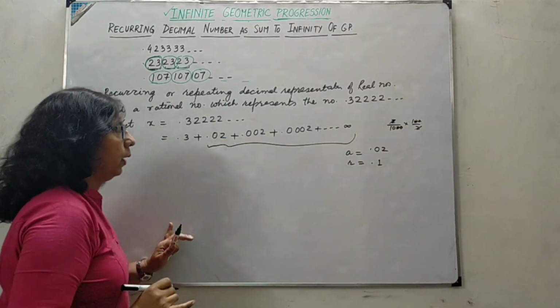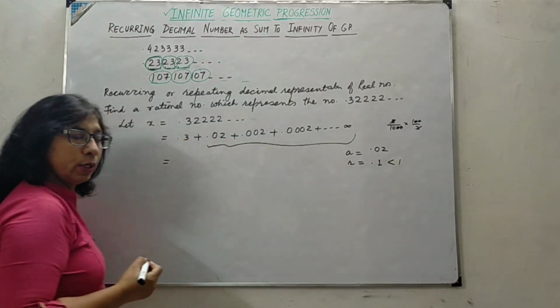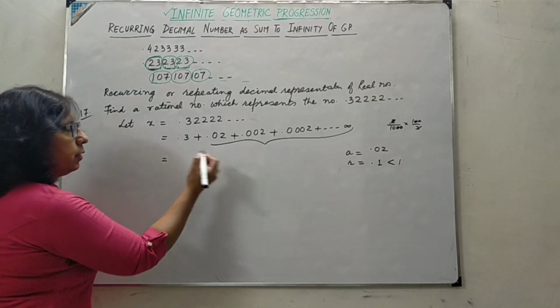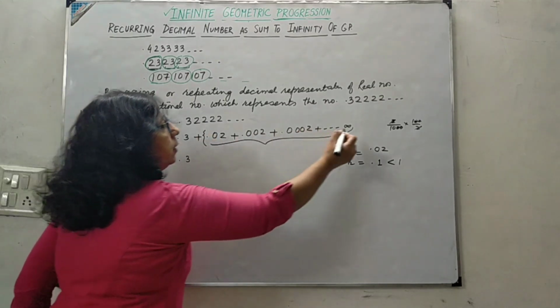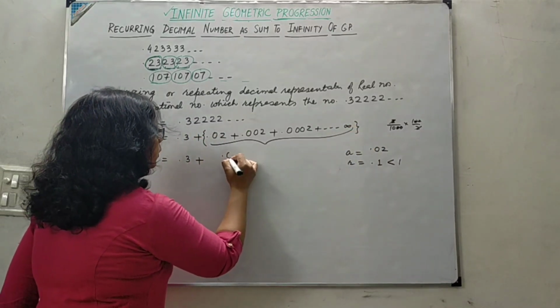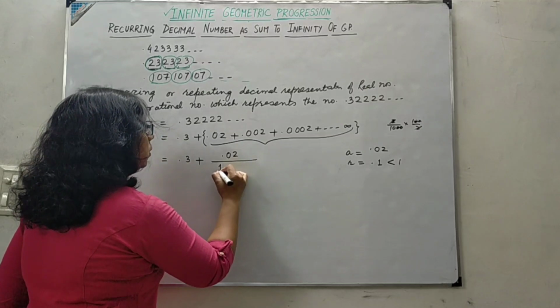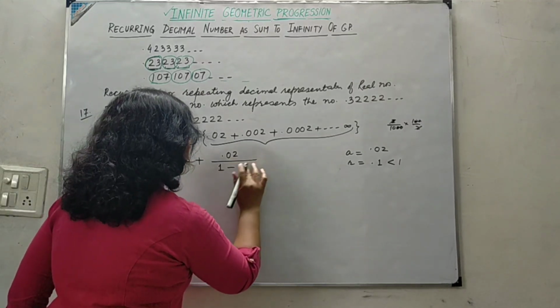Because this is less than 1, I can use here the infinite GP formula. Now you can see the first term 0.3 as it is, and in the bracket we have an infinite GP. So I'll apply here the first term 0.02 and the common ratio 0.1, so 1 minus 0.1.